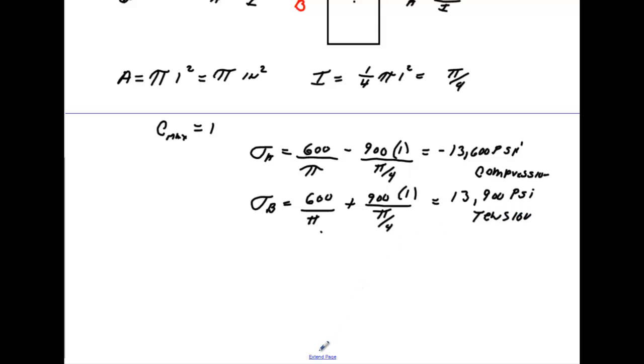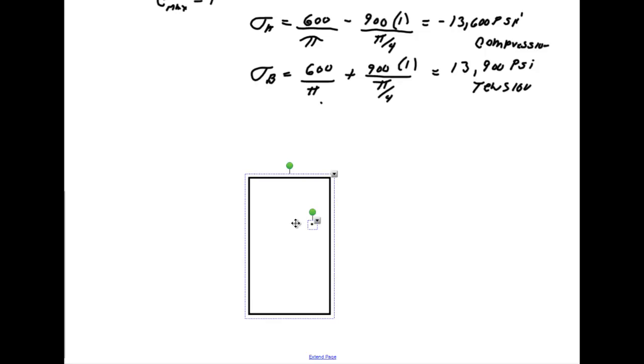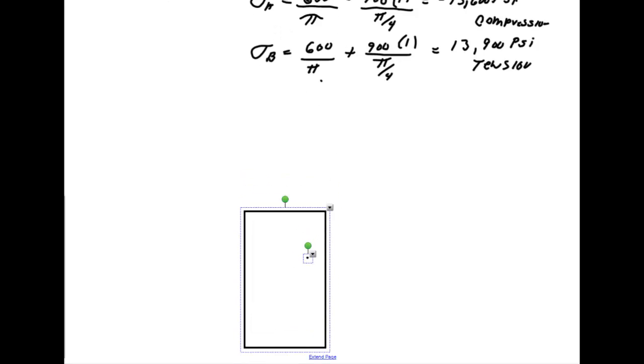Okay, so if we drew just a view of what's taking place here, this being the beam, I'll slide this down just a little bit and draw a line to represent the stress.